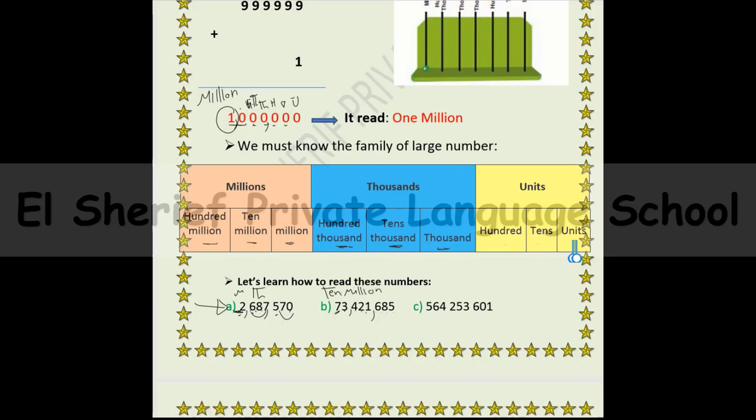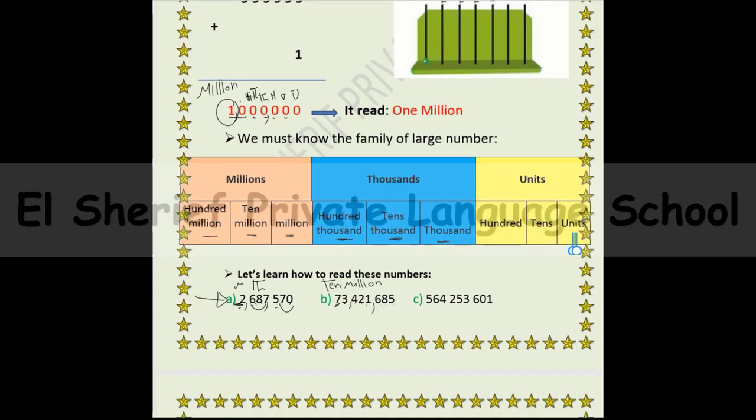Letter B, units, tens, hundreds, thousand, 10,000, 100,000, and million, and 10 million. This is the new place value, 10 million. So now we can read the family of million, 73,421,685. Letter C, we have family of units, family of thousand, and family of million.